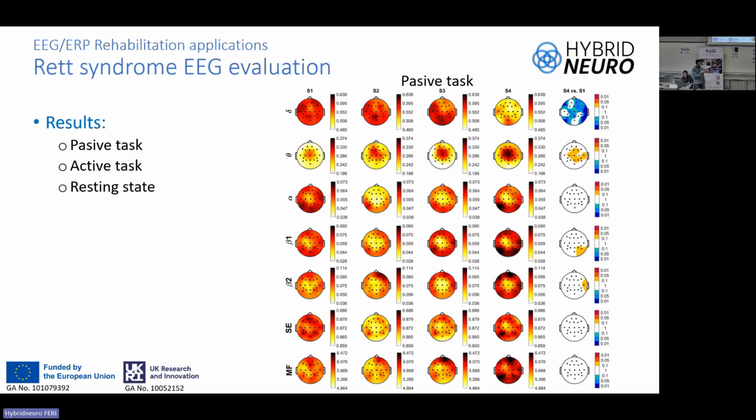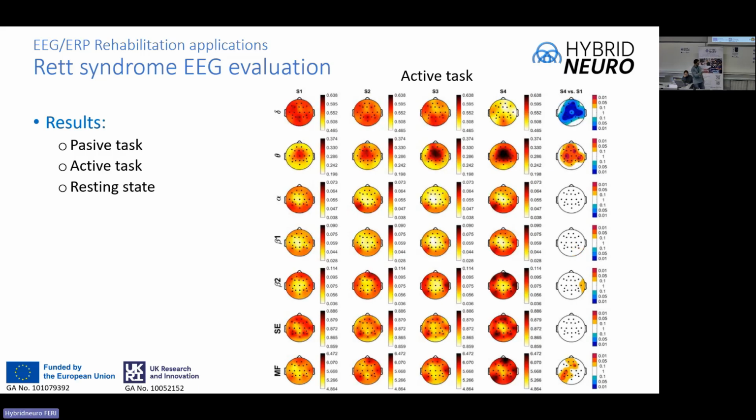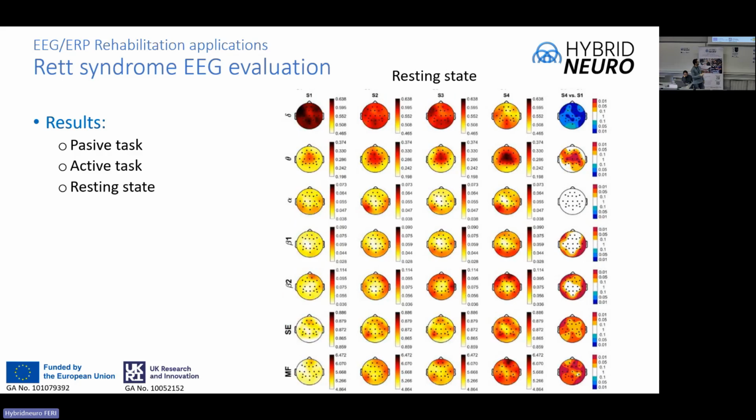Okay, this is more or less the same, but in this case representing the localization of this difference. In this case, the passive task does not stimulate a lot, but the active task does. In the active task, you have some difference, and the main difference that we obtain is in the resting state.